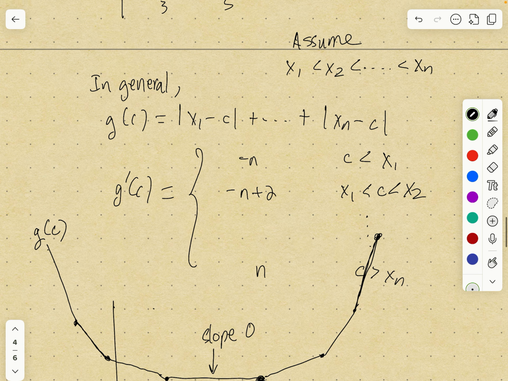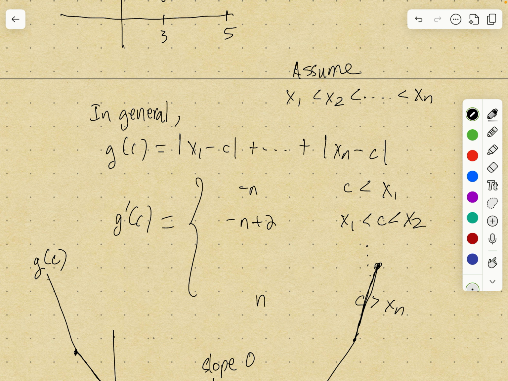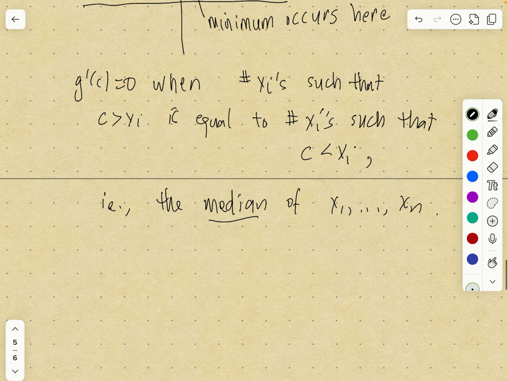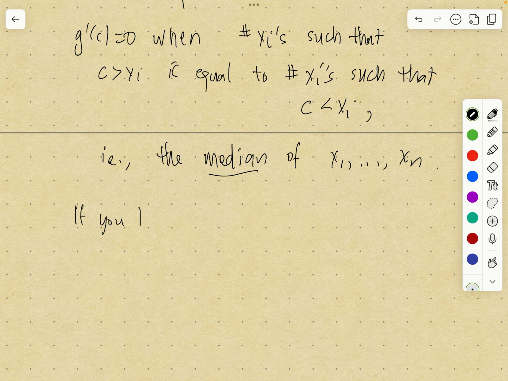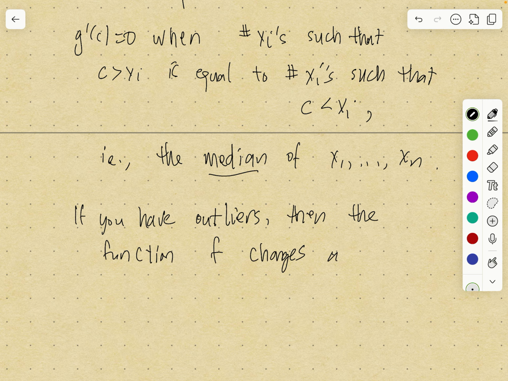So there are pros and cons to using this g of c or the f of c, which was the sum of the squares. One difference is that if the data has outliers, then the function f changes a lot more than the function g, because you're squaring the difference.